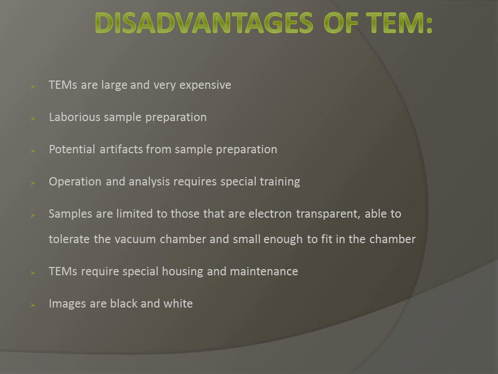This is an important disadvantage. Samples are limited to those that are electron transparent, able to tolerate the vacuum chamber, and small enough to fit in the chamber. This is an important limitation. It requires special housing and maintenance, and the images are obtained in black and white, and we have to further make them color. So these are the disadvantages of TEM.